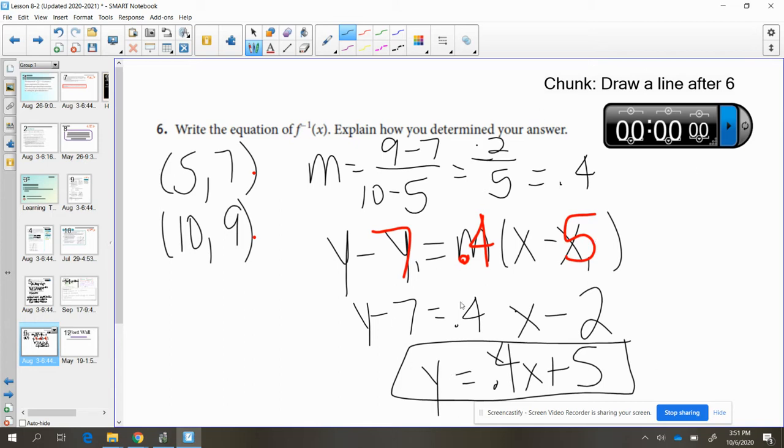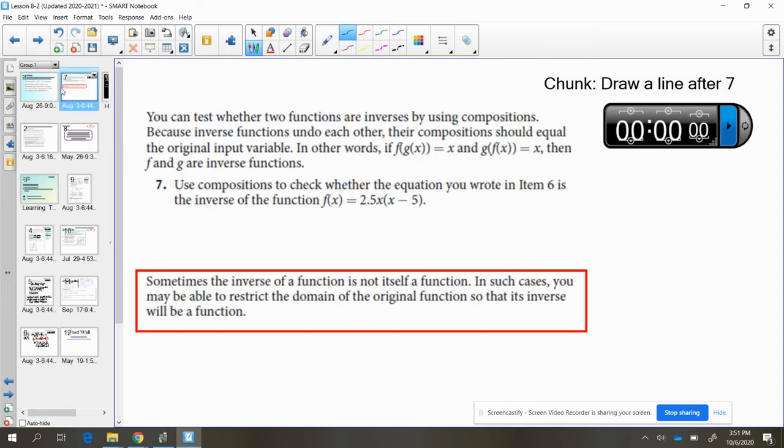Now, what happens if we don't necessarily want to constantly look at the input and output values, and what happens if it's no longer a line and we don't know a shortcut to write it? Well, this is where the idea of inverses comes into play. And a reminder, the reason we talked about compositions is that for inverse functions, whenever you take the compositions of each other, this is the only time they're commutative, because they both simplify to be x, right?